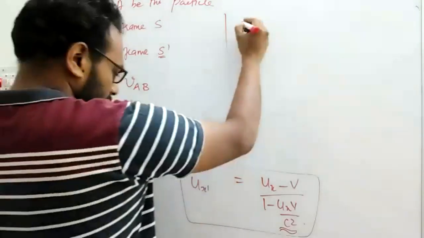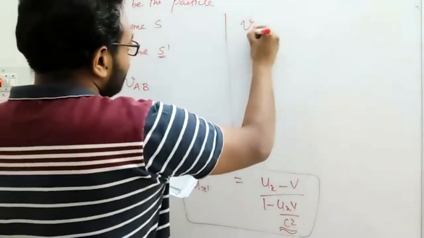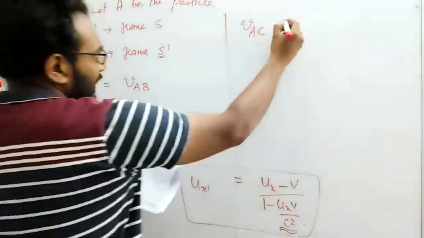We can write this as VAC, the velocity of A with respect to C. This is easy to see.